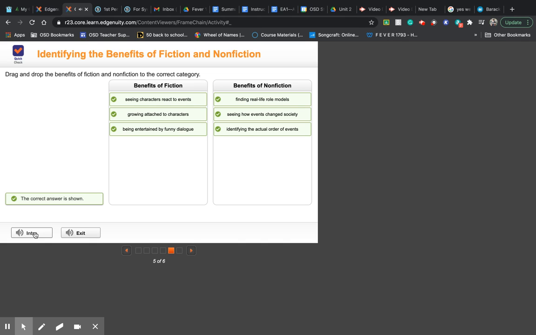Drag and drop the benefits of fiction and nonfiction to the correct category. Both fiction and nonfiction allow readers to learn about people and our world.